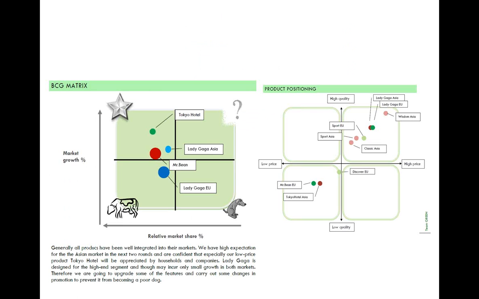And that is here where we're looking at the phones the students have designed, and as you can see, we're a number of rounds into the game, and we're using the BCG matrix. So the students get to understand how to use the Boston Consultancy Group matrix and understand how to know whether their phone is a star or a dog or a cash cow. They will meet with me and discuss it.